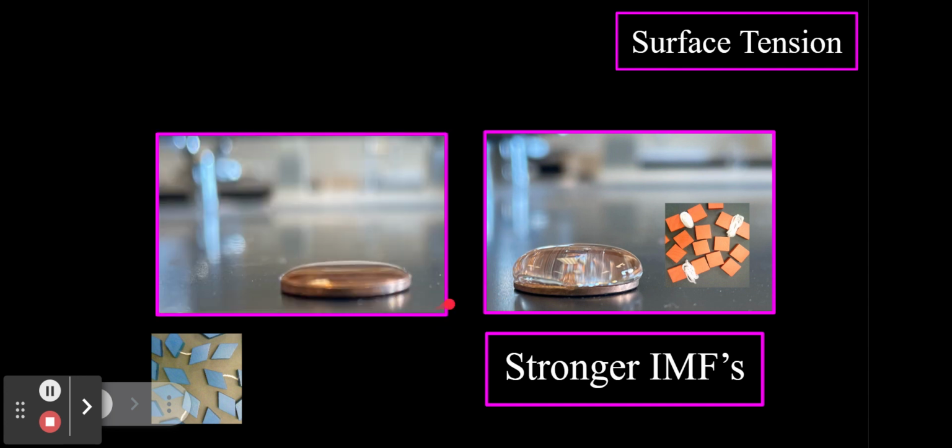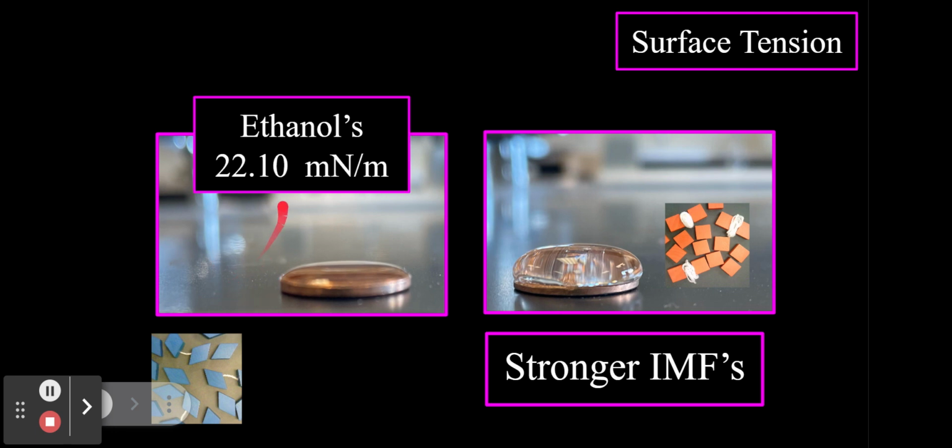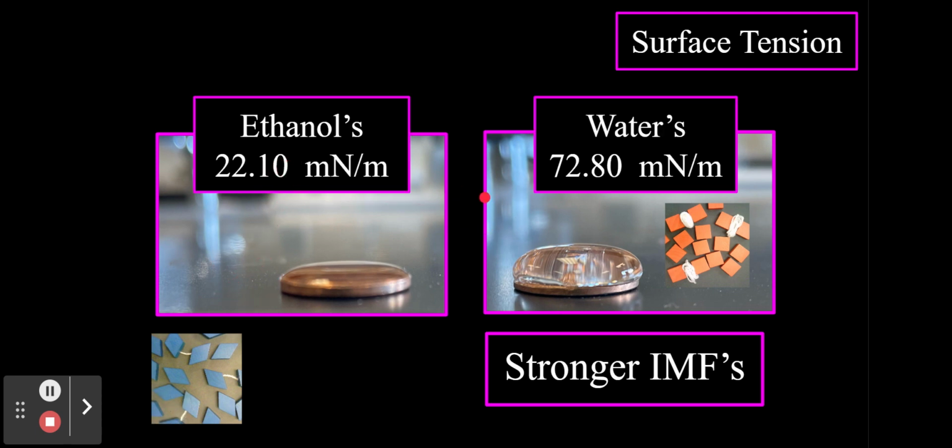If you put some drops of ethanol and water on a penny, you'll notice water can form this beautiful dome where ethanol can't. If you added any more ethanol, it would spill over. And here are some values to show you that water's surface tension is indeed much higher than ethanol's, almost 4 times as great. That's micronewtons per meter.